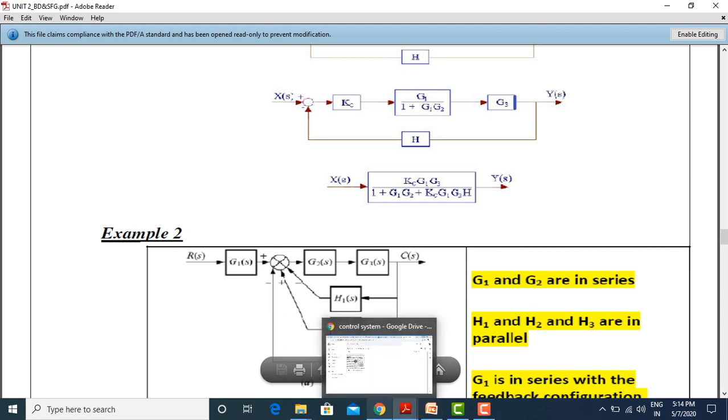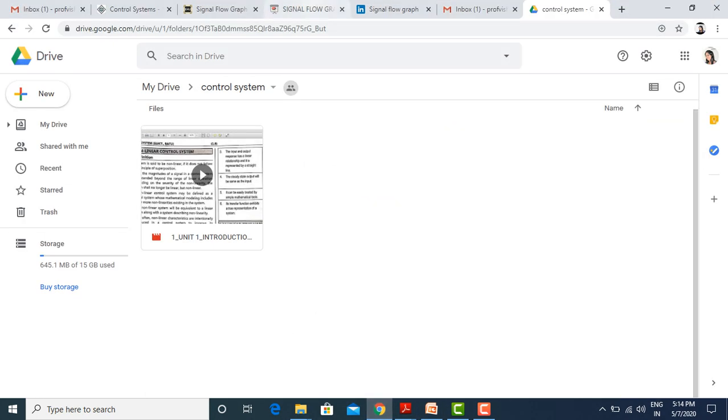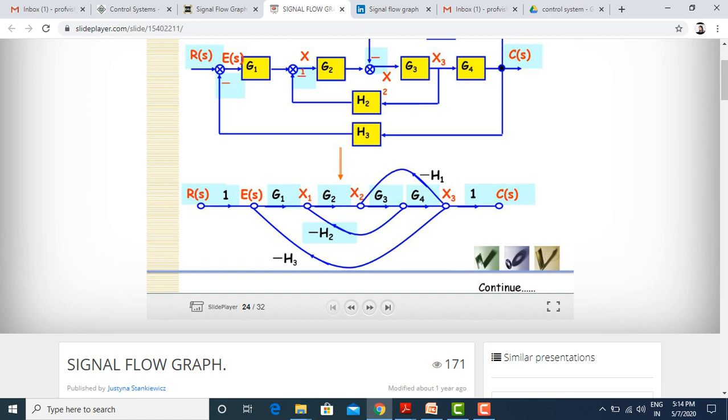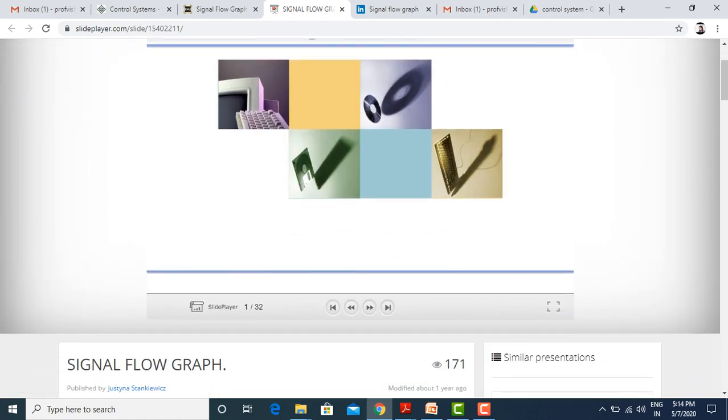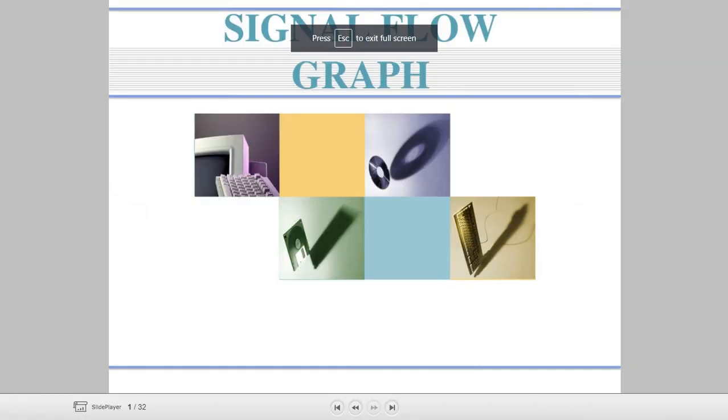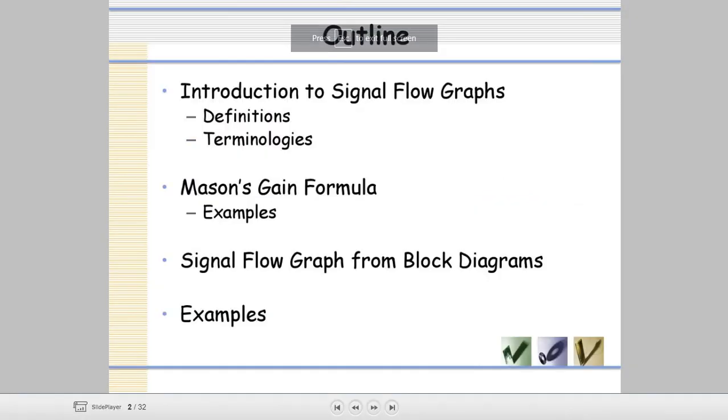Now moving towards SFG, signal flow graph. In this: introduction to signal flow graphs, definitions, terminologies, Mason's gain formula.